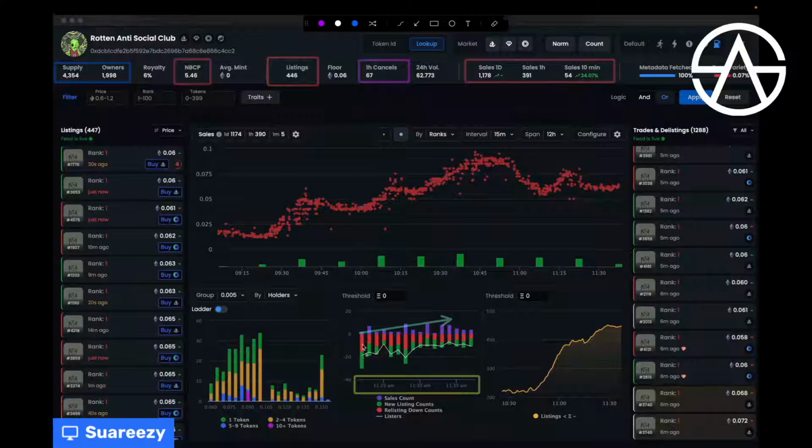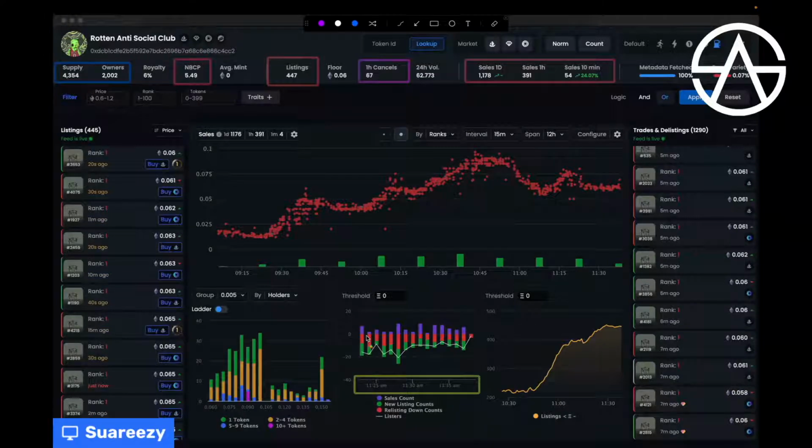These red and green bars are our listings, and they indicate two different types of listings. The green indicates listings that we're picking up for the first time. So if an NFT gets listed for the first time, you're going to see a green bar pop up here.